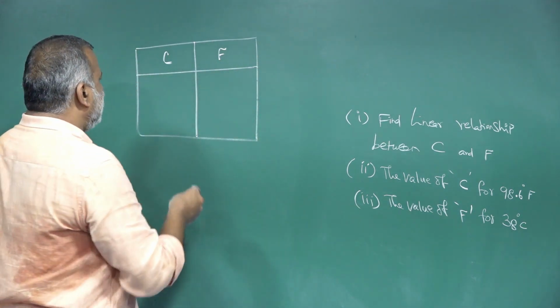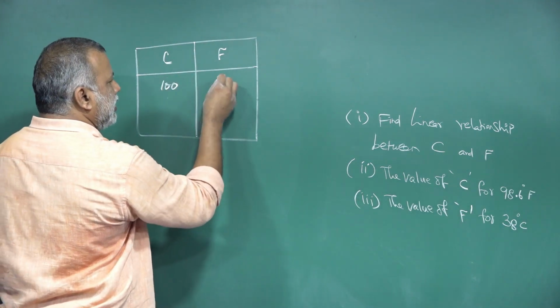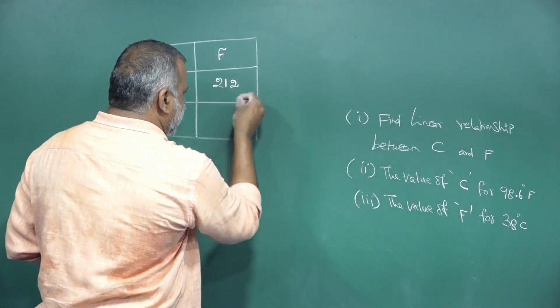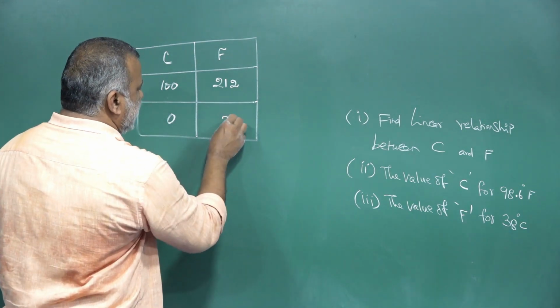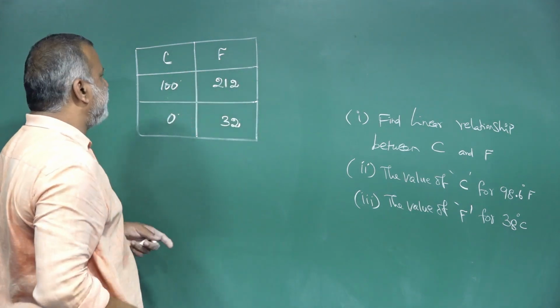The first is 100 degree centigrade, here 212 degree Fahrenheit. The second one is 0 degree centigrade, or you can say 32 degree Fahrenheit. These are the given concepts.